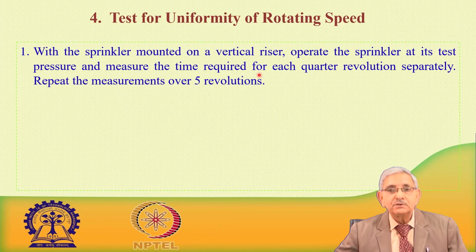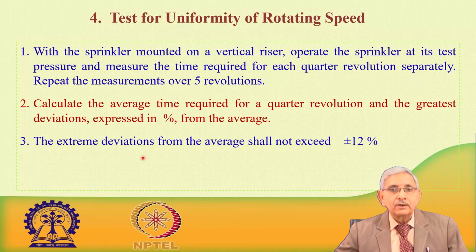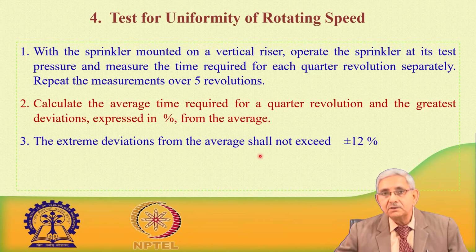The observation should be repeated for 5 revolutions, then the average value should be taken and compared with the test value given. The extreme deviation from the average shall not exceed plus or minus 12%.